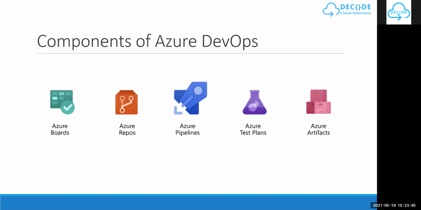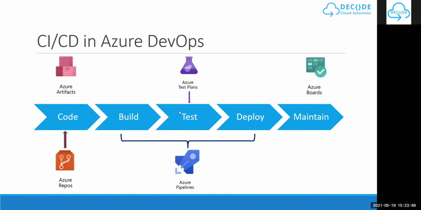Now, to understand these components more specifically, let's take a look at this slide, where you will find which component fits into which activity during the development lifecycle. Your Azure Repos will be useful when you are writing the code.